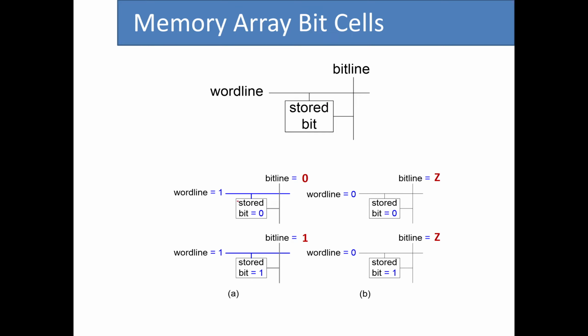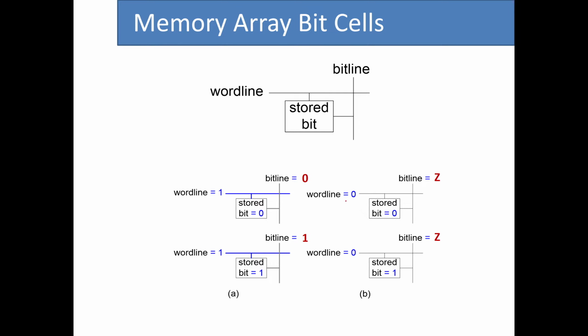If the value 0 is stored in the bit and the word line for this bit is 1, that makes the bit line 0, the value that is being stored. Or if the bit being stored is 1, when the word line is 1, the bit line for that specific bit becomes 1.